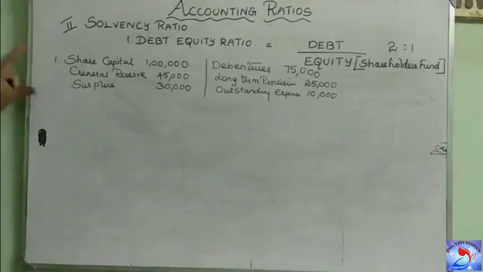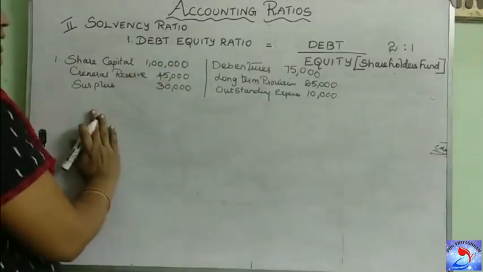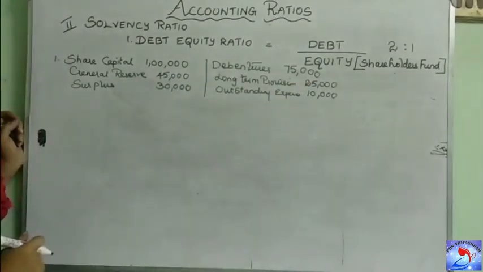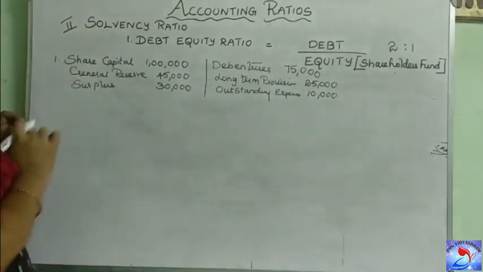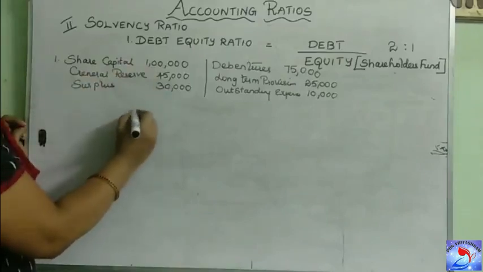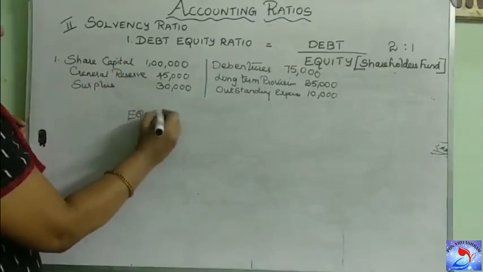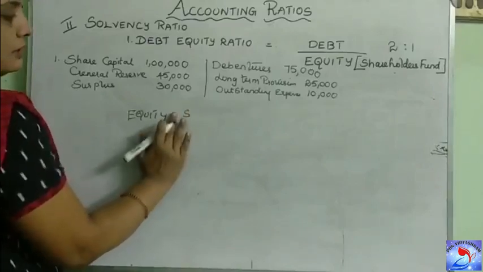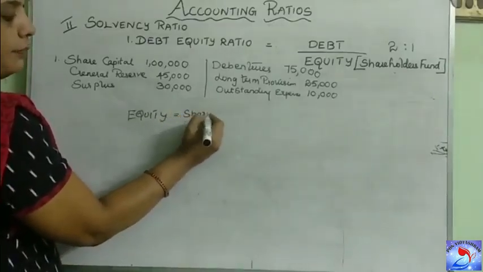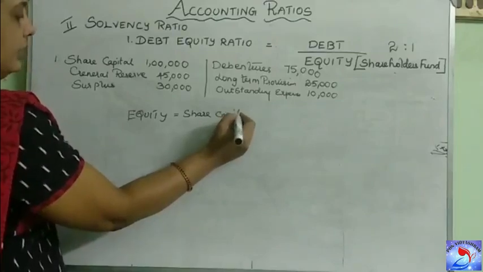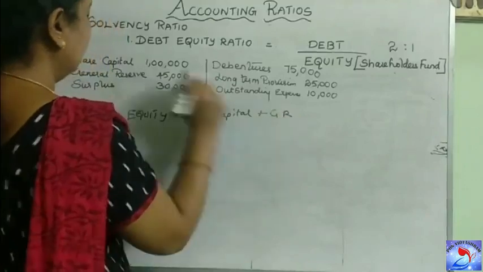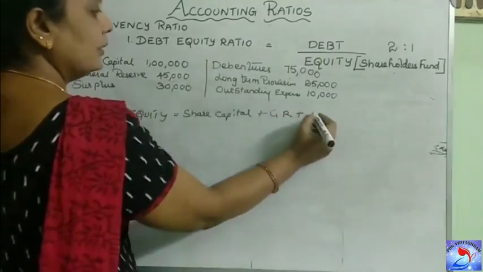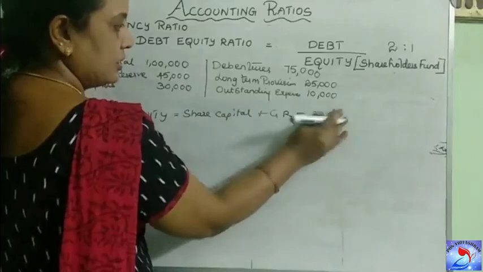Now, let us see a sum related to this debt to equity ratio. First, what is debt and what are we going to take for equity? Equity is shareholders fund. Share capital is equity, general reserve will come under equity, and surplus also will come under equity, that is shareholders fund.